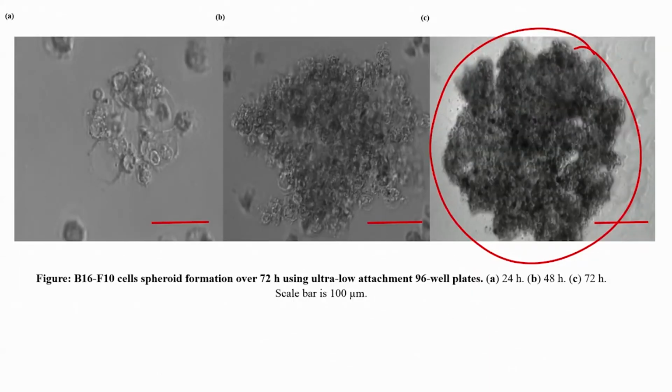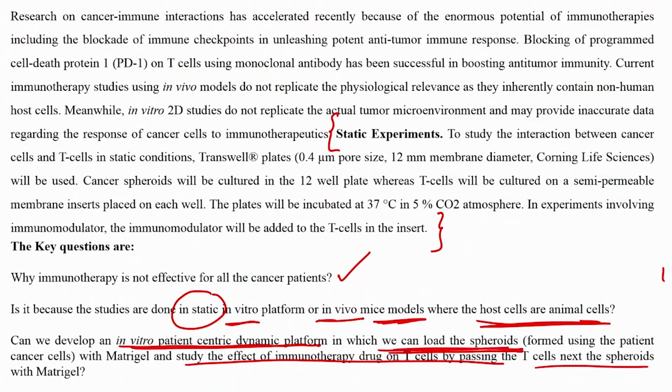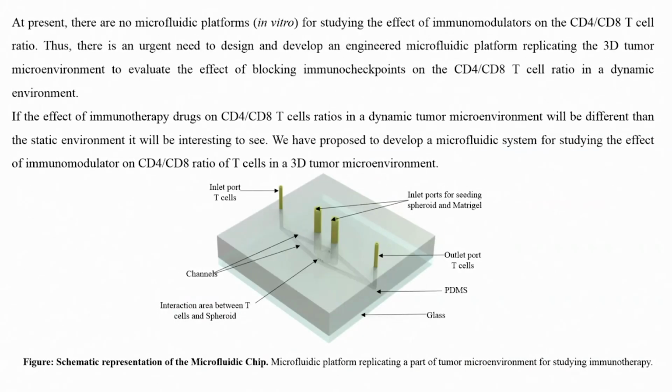How we can form spheroids, what the static way of doing the experiments is, how we can activate the T cells, and what the key questions are that one has to address when looking at immunotherapy. Now, immunotherapy is extremely vast, we are just addressing a very small section of it.